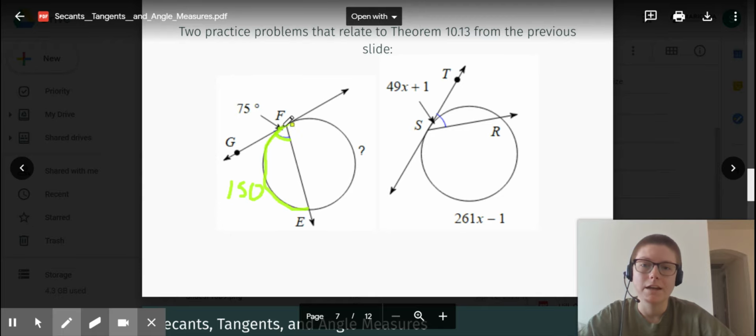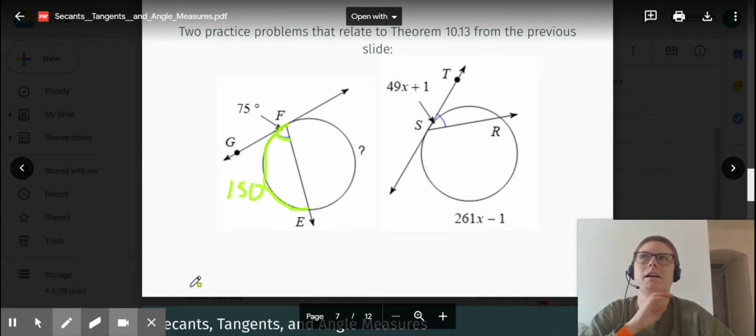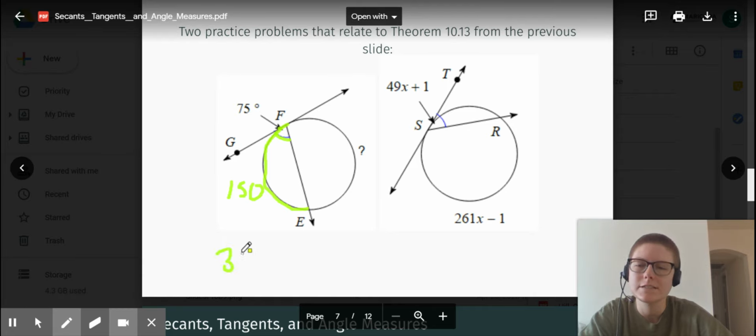And I know that a whole circle is, I'm pretending that you're all telling me numbers, and that someone just said the right number is 360. So 360 is a whole circle. We see that this arc is everything except 150, so we just subtract 360 minus 150.